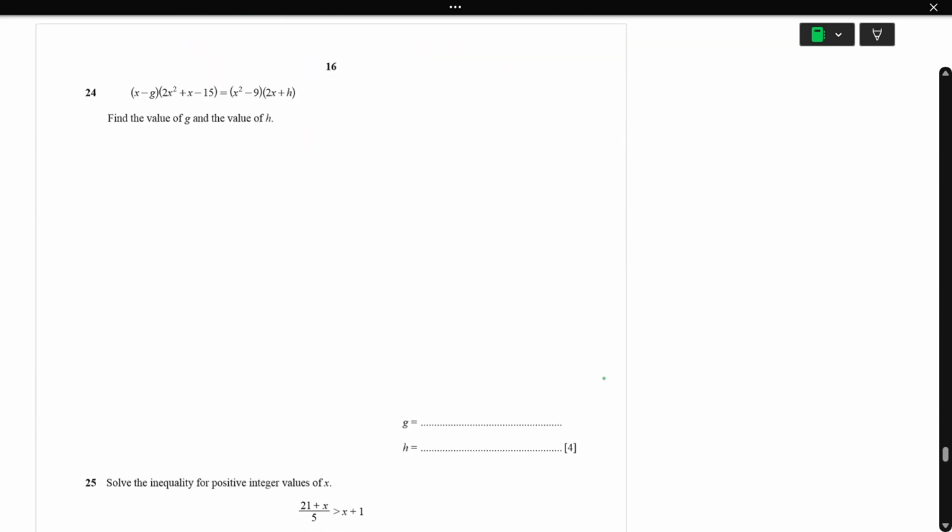Next, question 24. Here we need to find g and h. Here, expand both sides and equate. That's it.